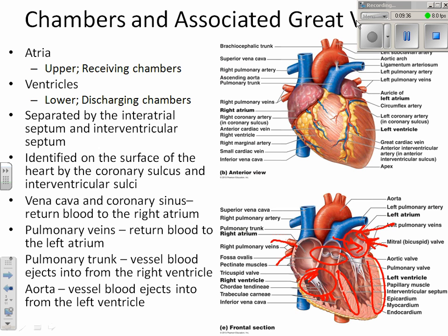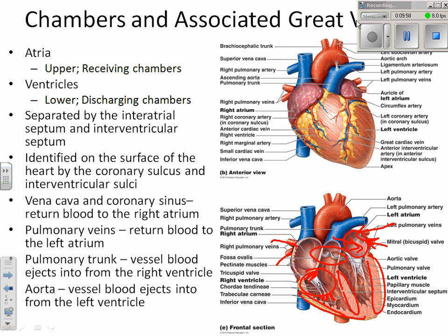I'm sorry, the left ventricle. The right ventricle has less muscle than the left ventricle, right? So all the blood's coming in the left ventricle, which has a really thick muscular wall, because it has a long ways to go. The lungs wasn't very far away. Didn't need quite as much muscle.